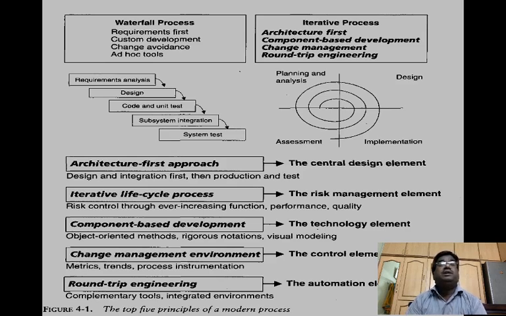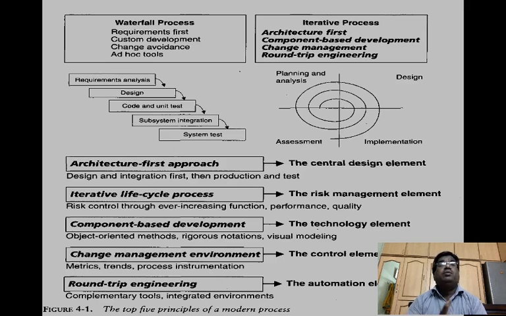Custom development means each and every part of the project is built and developed by the team members. Change avoidance: change is not possible, and the overall process uses ad hoc tools. Ad hoc tools means every tool you use inside the project, you can't change.